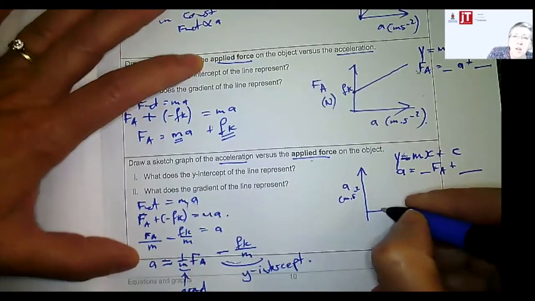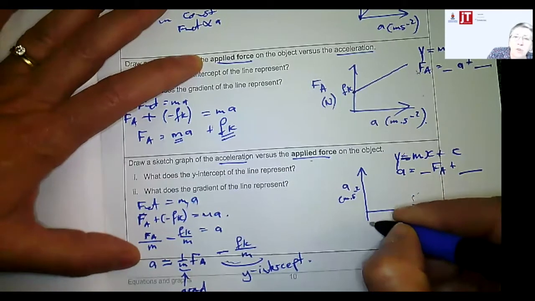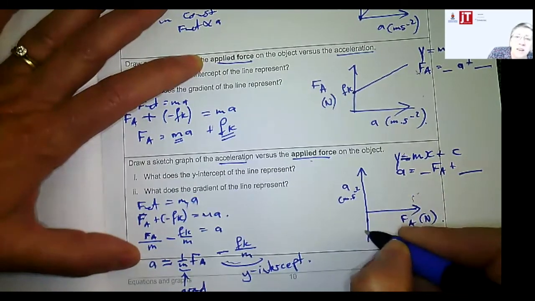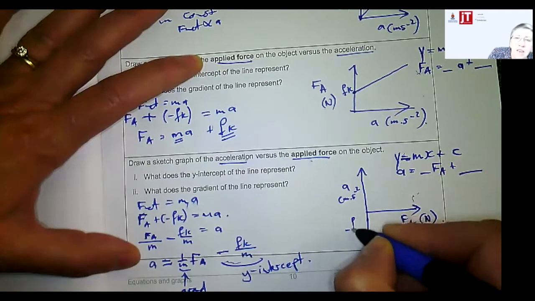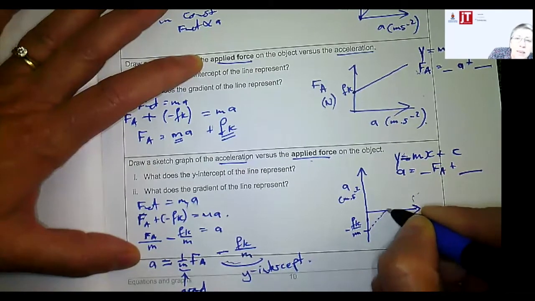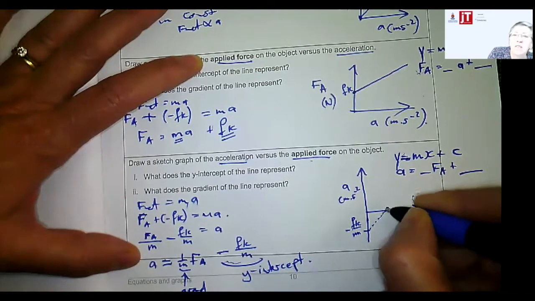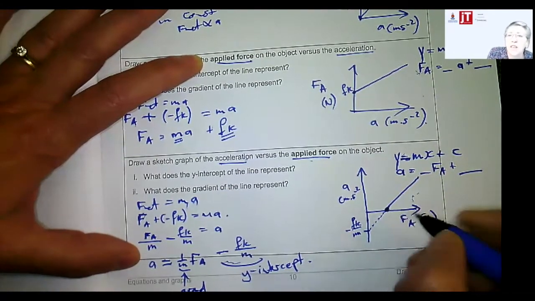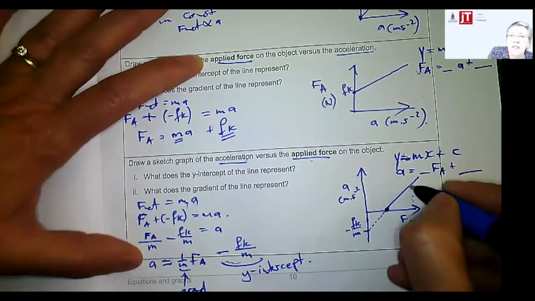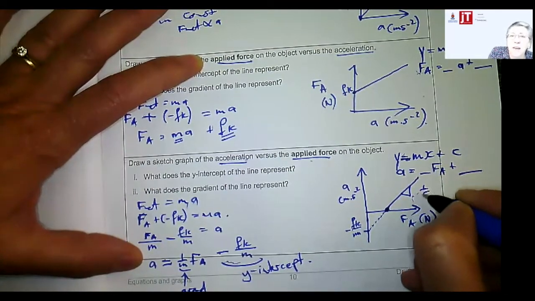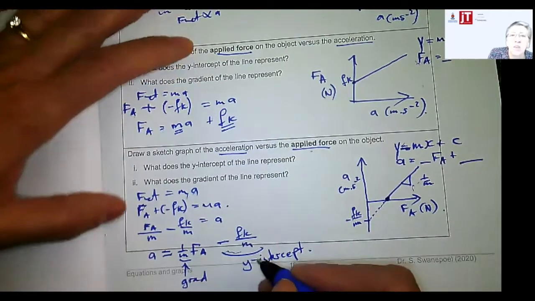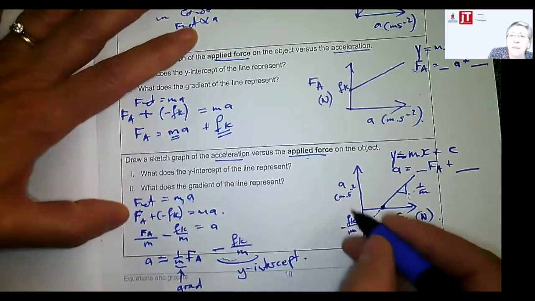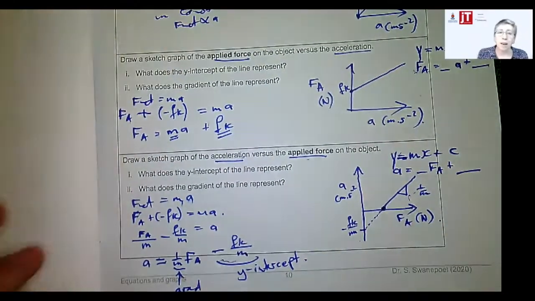So you will have a positive gradient, and remember, we don't have the negative part of the graph, but if you extrapolate it, with dotted lines, it will be like this, with your friction over there. So the gradient of this line is 1 over m, and the y-intercept is minus Fk divided by m.